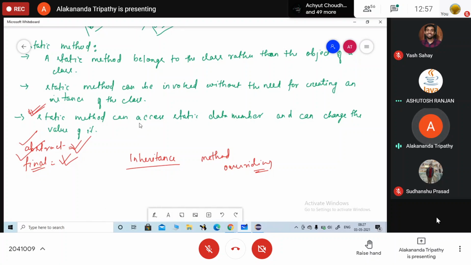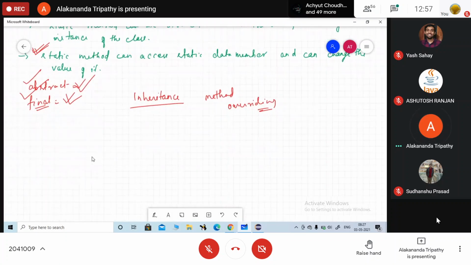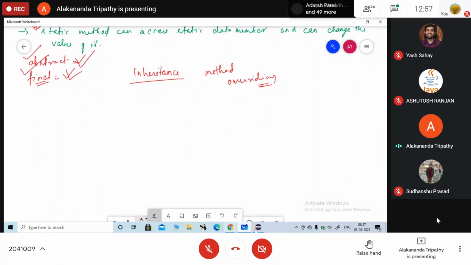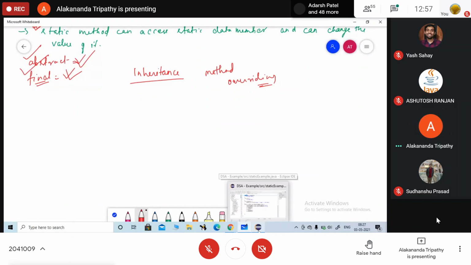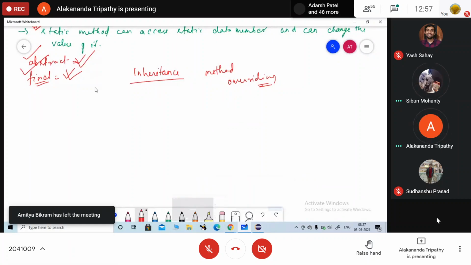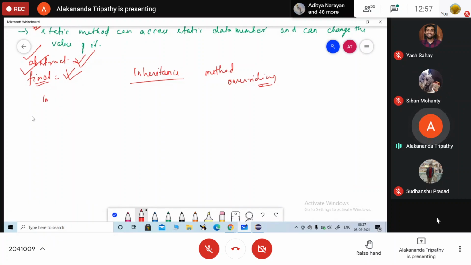How many types of inheritance are there? Six. What are they? Single inheritance, then multi-level inheritance.